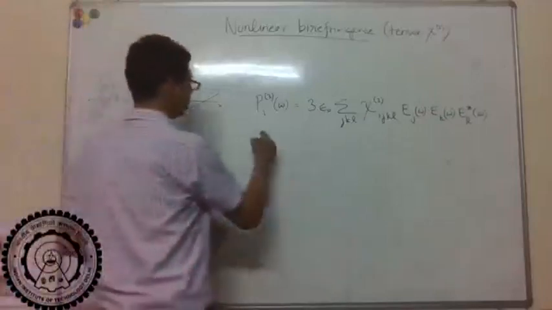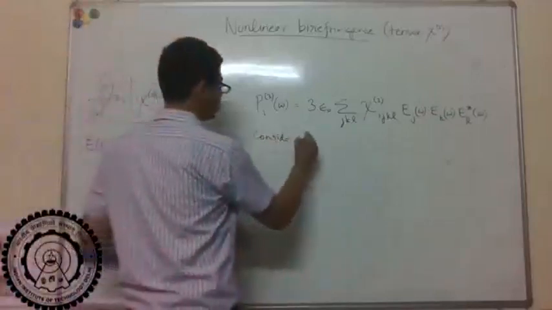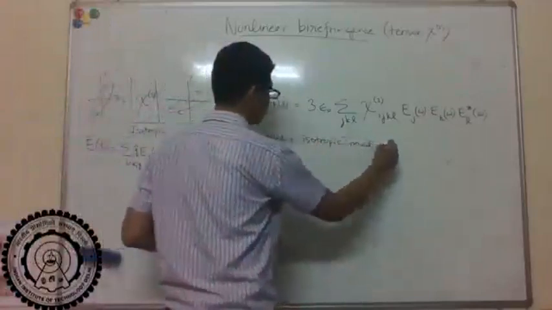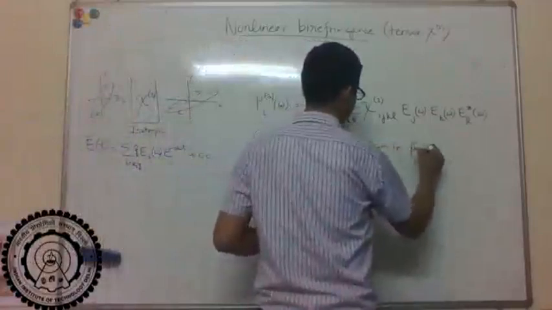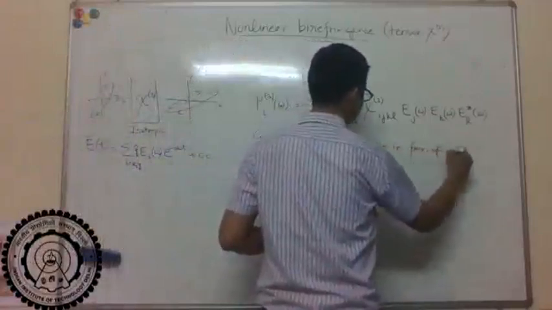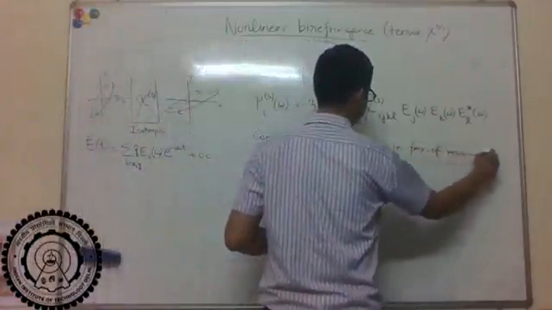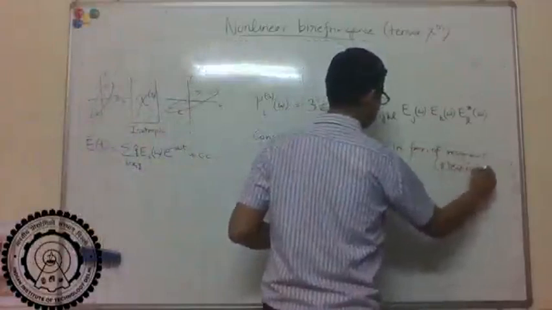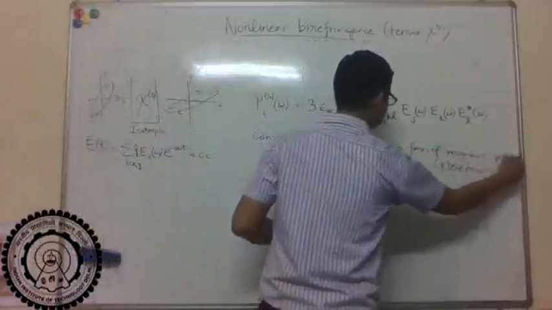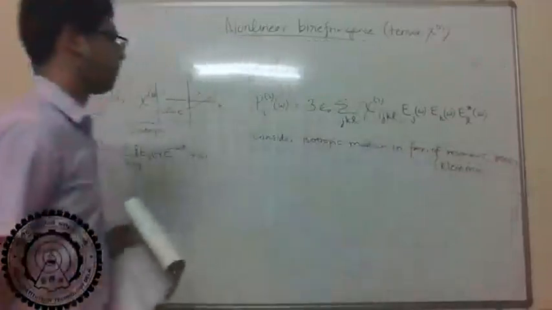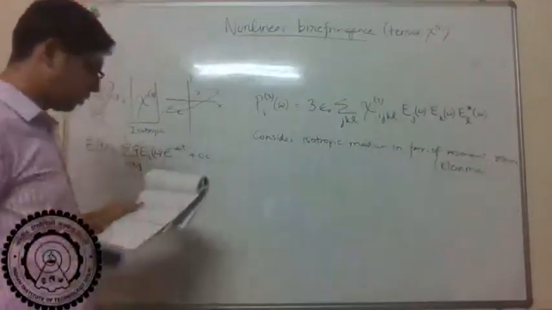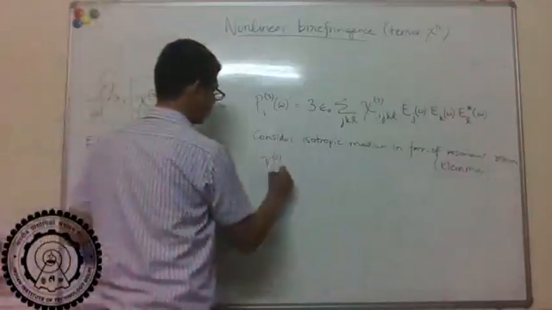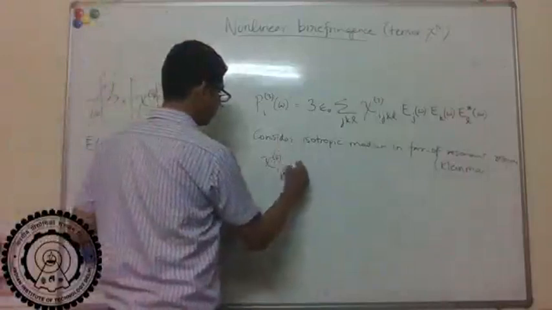Now if we consider an isotropic medium in the far off resonant regime or the Kleinman symmetry regime, then if you recall, I can write any tensor element in terms of just three.